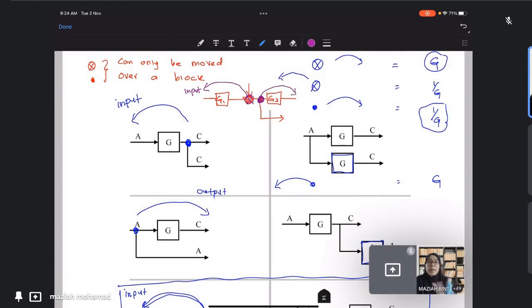It cannot be moved toward the input due to the summation point there in between the blocks. So in this case we only have one choice: the pick-off point can only move toward the output, and the summation point can only move toward the input. So that is what is meant by summation point and pick-off point can only be moved over a block.